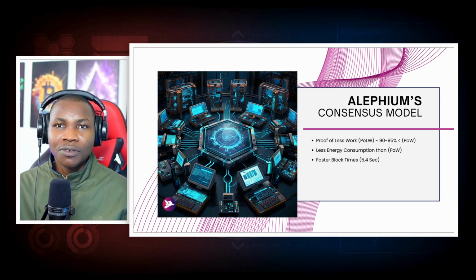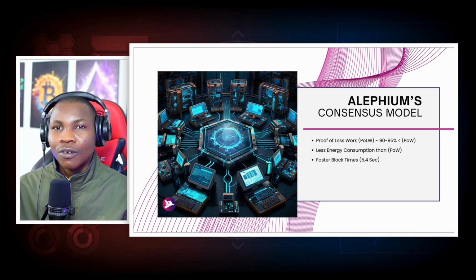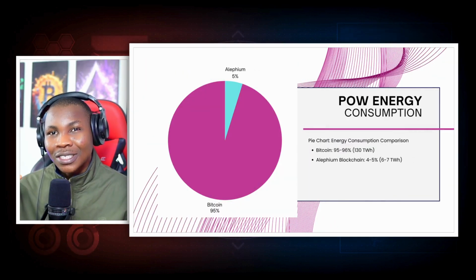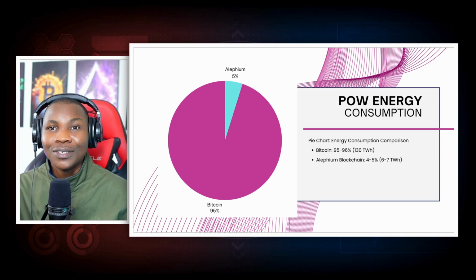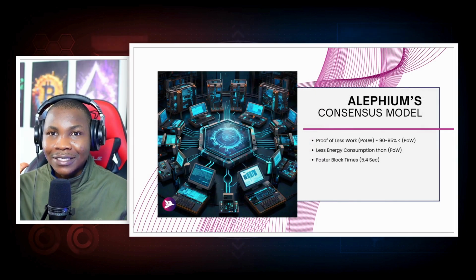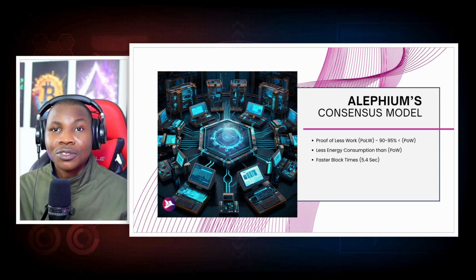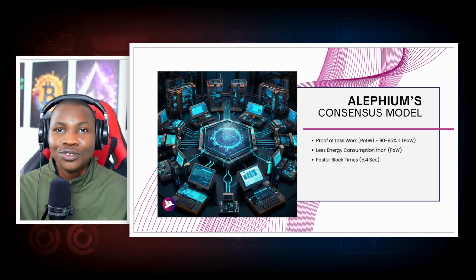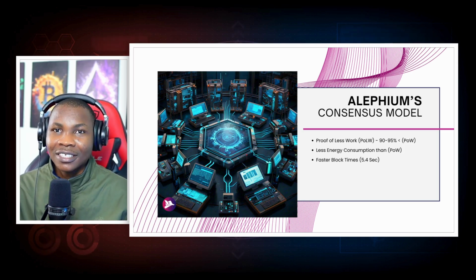So what advantage does it provide? The proof of less work reduces the energy consumption of Bitcoin by about 90%. It cuts down what Bitcoin uses by 90%. That is really cool. Okay, so that is a big win for reducing the energy consumption of a blockchain, because many blockchains want to go completely carbon neutral, you understand, and at least this level of just 5%, it's a big win.